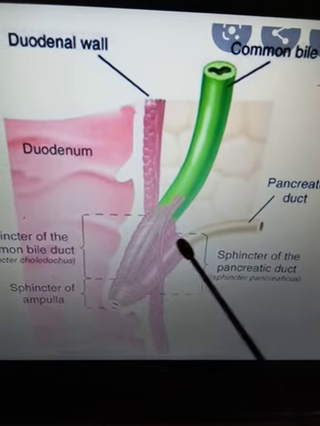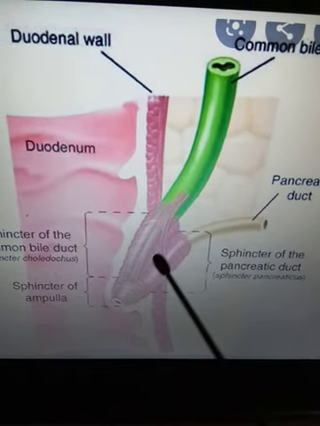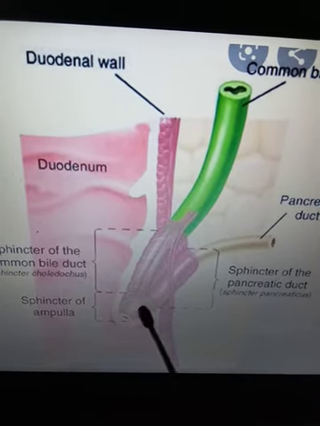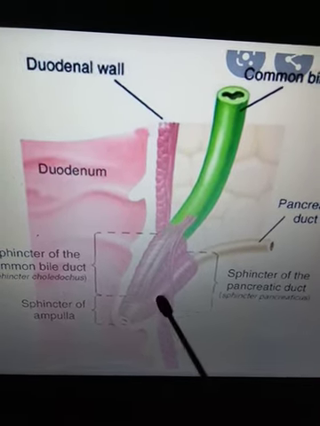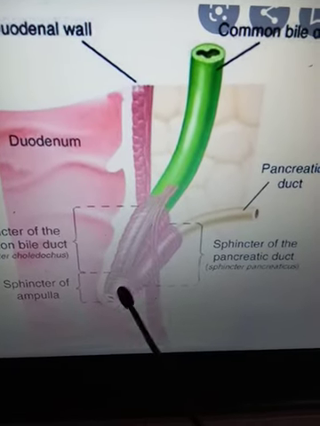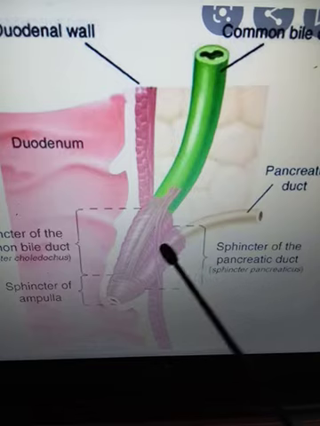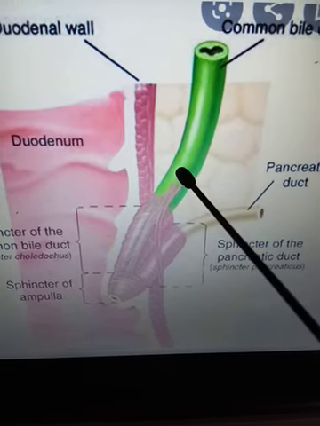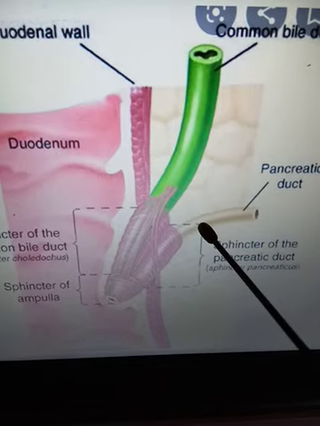Then your pancreatic duct has the pancreatic sphincter, also called sphincter pancreaticus. But this pancreatic duct sphincter is not a true sphincter. These two are the sphincters of the bile duct and the pancreatic duct.